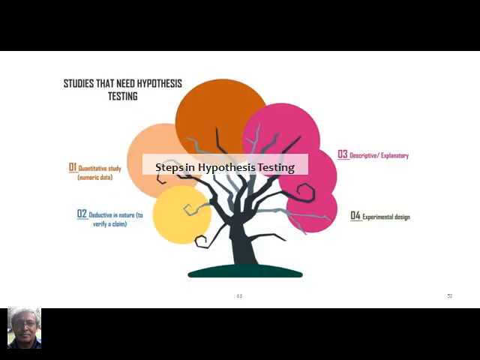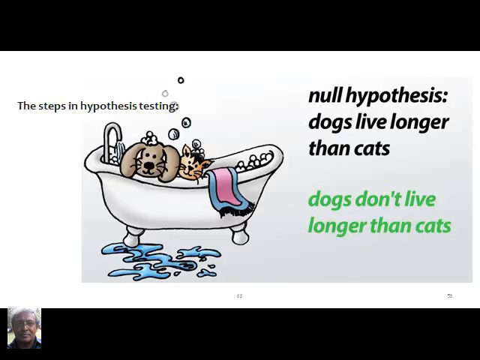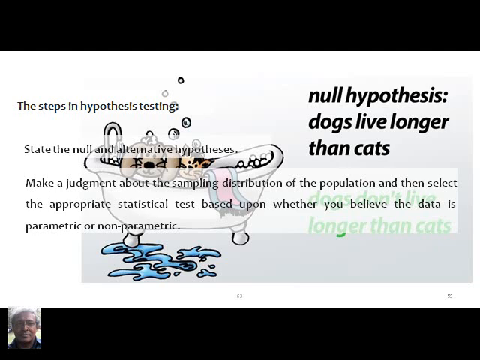Steps in hypothesis testing. State the null and alternative hypothesis. Make a judgment about the sampling distribution of the population and then select the appropriate statistical test, based upon whether you believe the data is parametric or non-parametric.